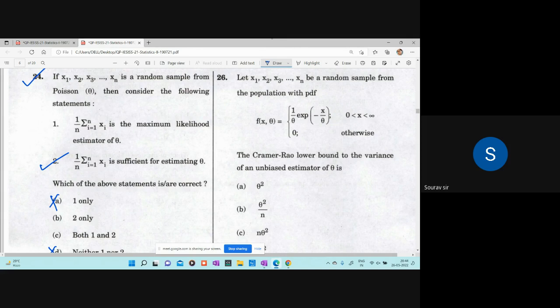If you have already solved this problem, you will know this. So option C is correct. Do you know, or shall I solve it and show you how these two are the sufficient and maximum likelihood estimator? Am I audible? Once show, ma'am.